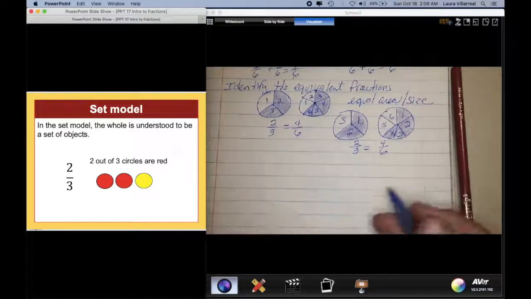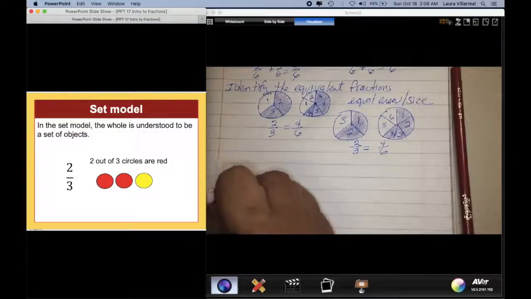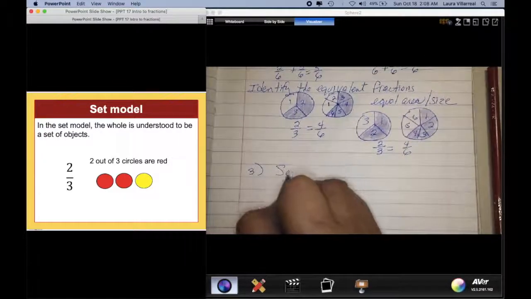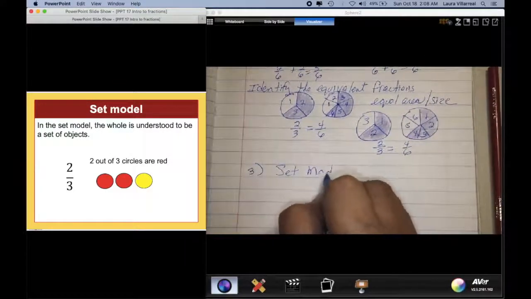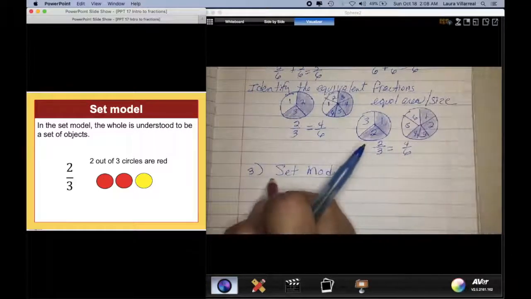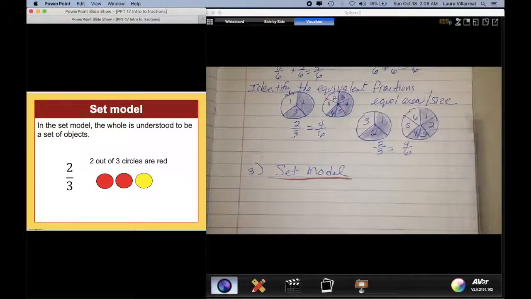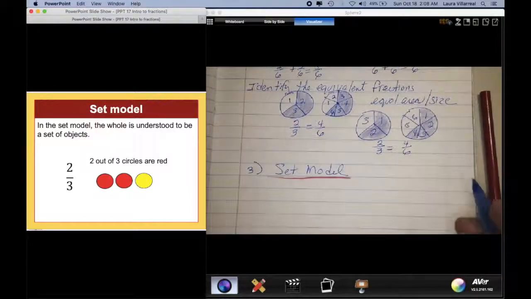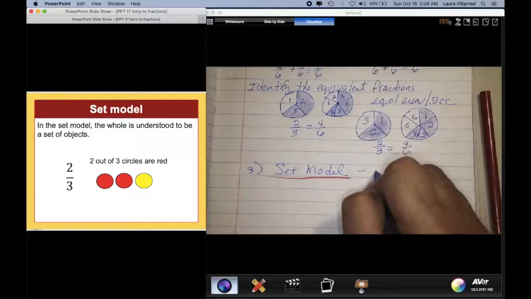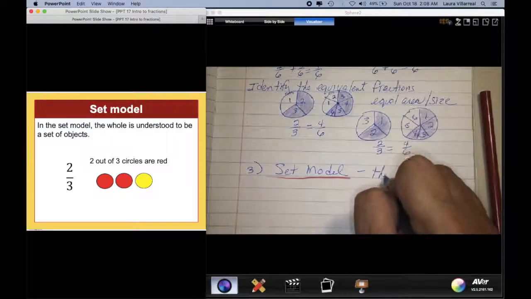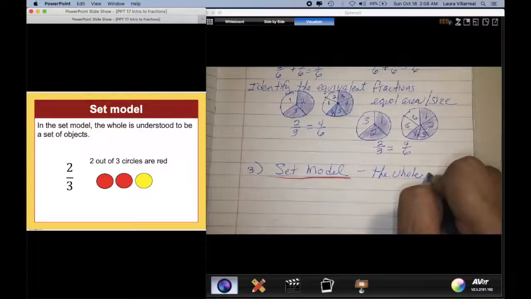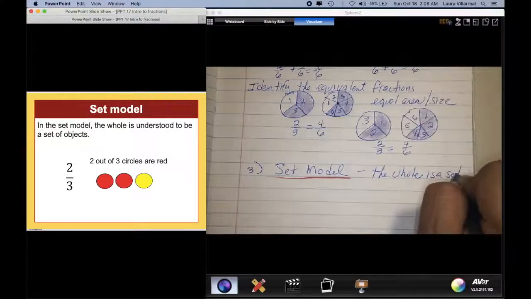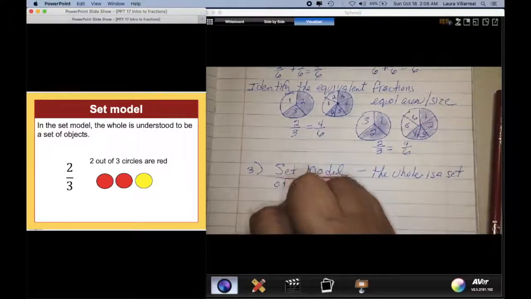And now the third model is the set model. In the set model, the whole is understood to be a set of objects. So in the set model, the whole is a set of objects.